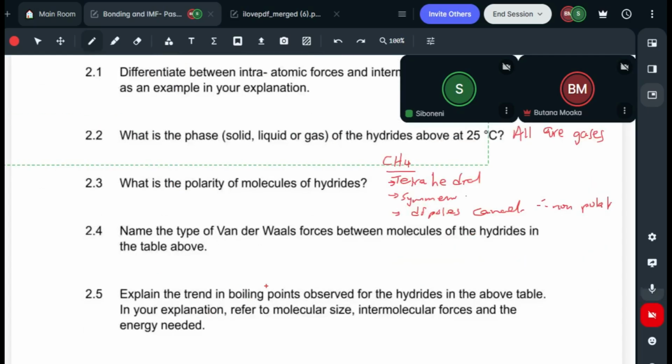2.4. Name the type of van der Waals forces between molecules of the hydrides in the table above. London forces. Exactly.